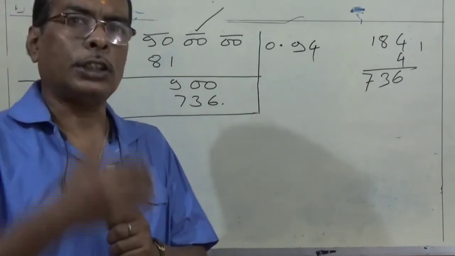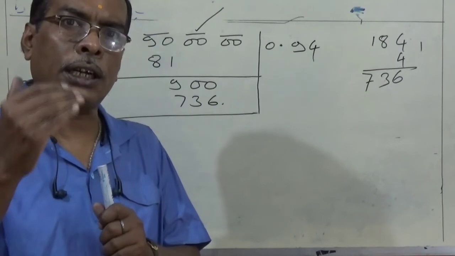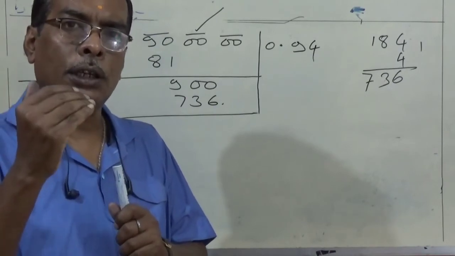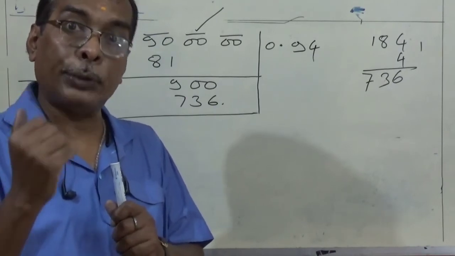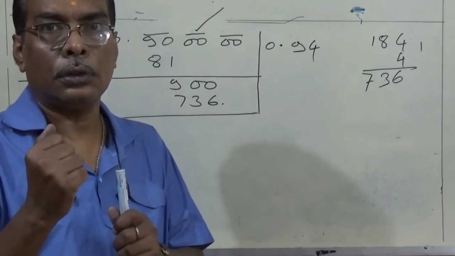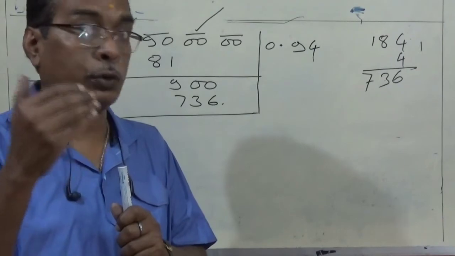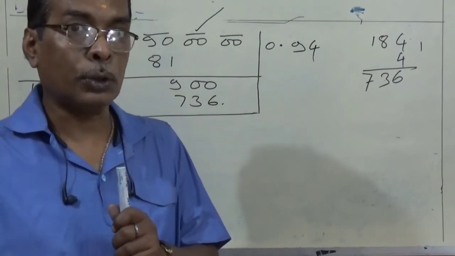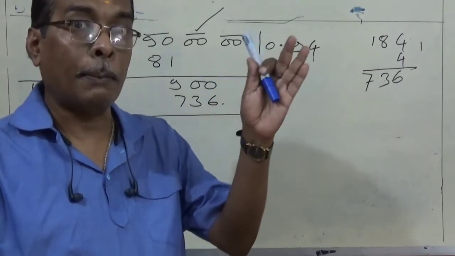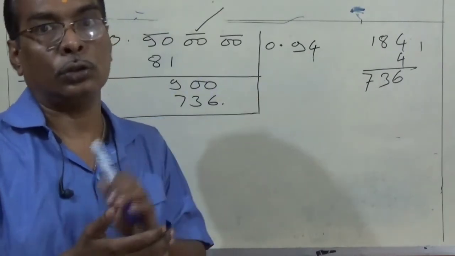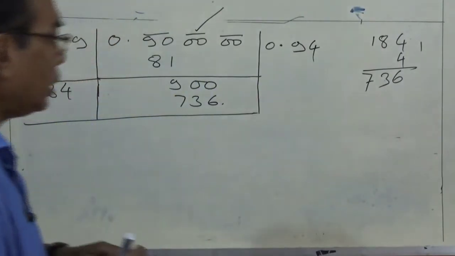In the higher classes, this will come for solving questions in between. If you are not able to do it in a fluent way, you should not complete the main questions. This is part of the question. Anyway, now take the subtraction.